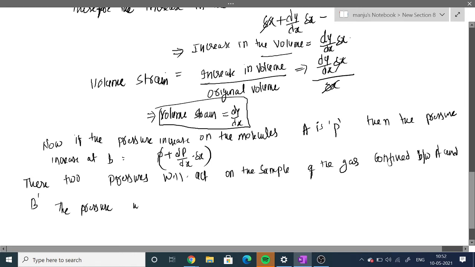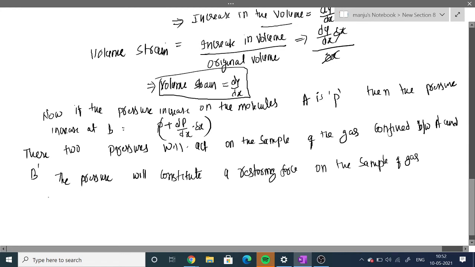So the pressure difference will constitute a restoring force on the sample of gas between the two planes.